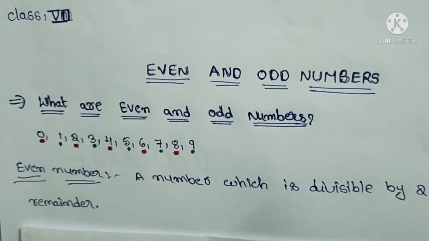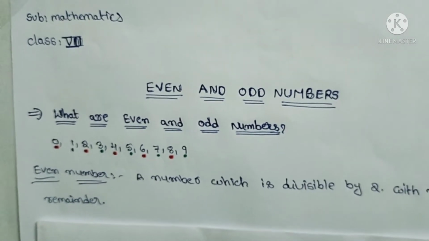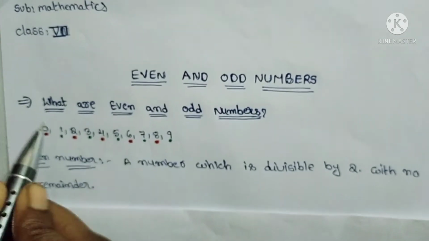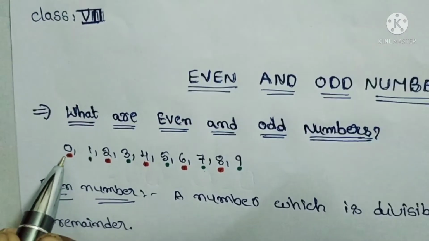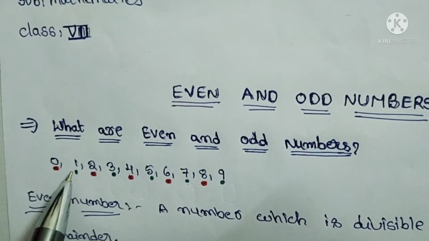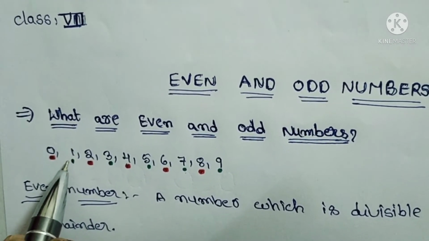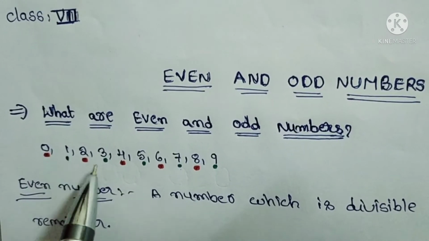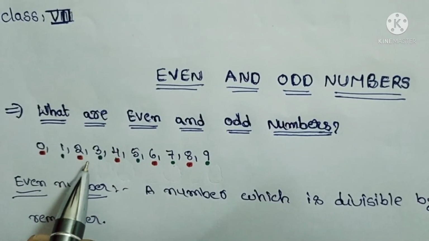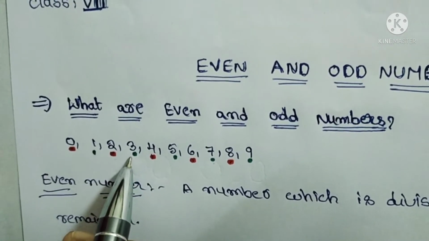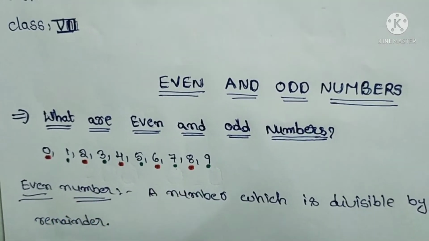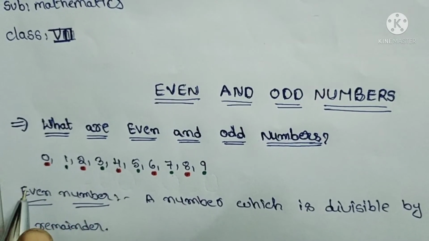Suppose 0 by 2, the remainder will be 0. 1 by 2, the remainder will not be 0. 2 by 2, the remainder will be 0. 3 by 2, the remainder will not be 0. Continue the process. The remainder will be 0.